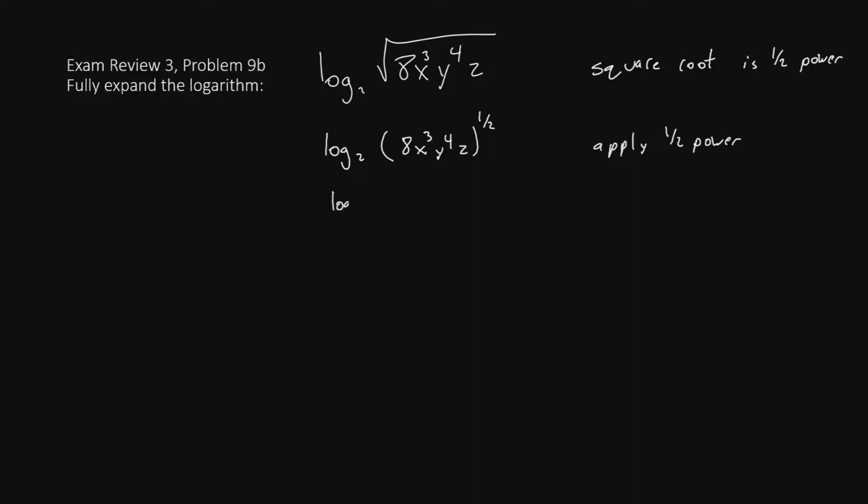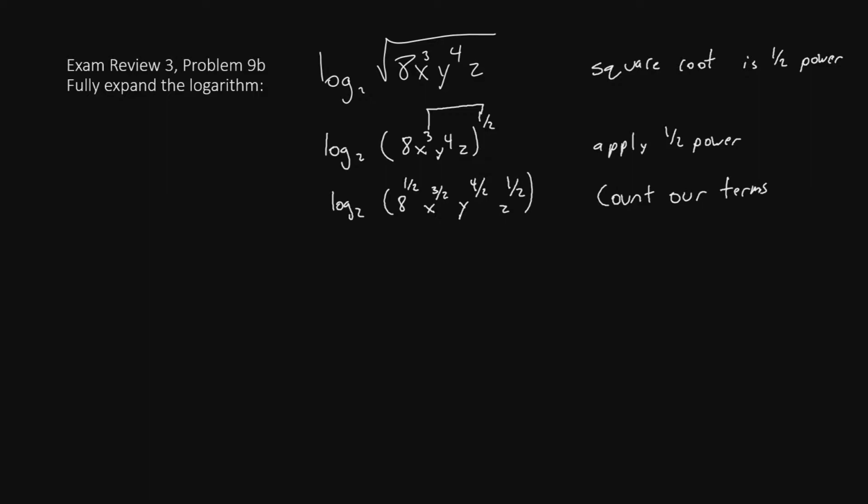So now we'll have log base 2 of 8 to the 1/2, x to the 3/2, that's the same thing as 3 times 1/2, y to the 4/2, and z to the 1/2. Now, once again, we count our terms.